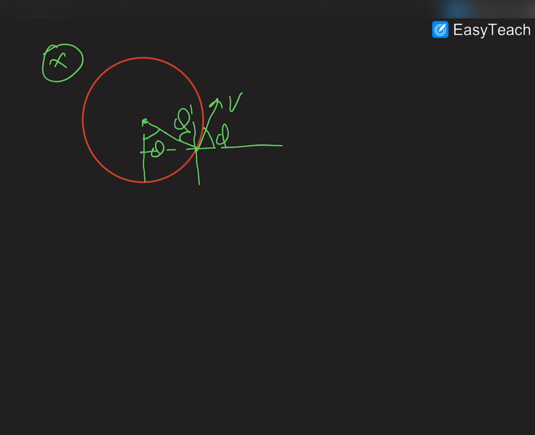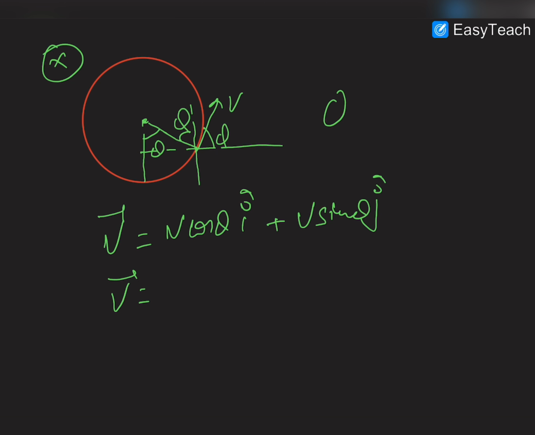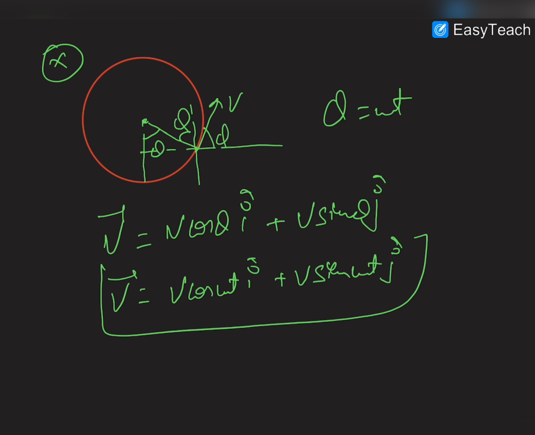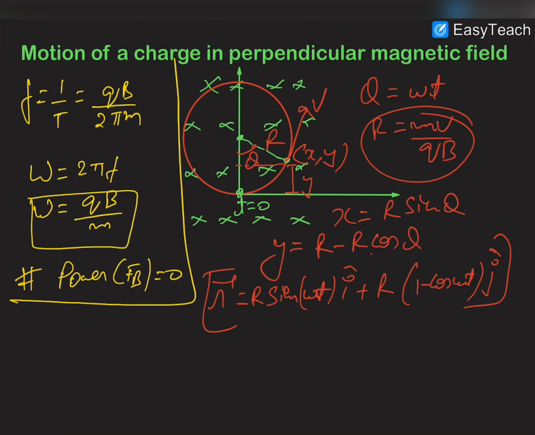Okay, so the velocity of the particle, speed is constant, we have already discussed, and speed v, velocity v would be v cos theta i cap plus v sin theta j cap. Now theta is equal to omega t, so this is v cos omega t i cap plus v sin omega t j cap. So if you will substitute the value of time, you would be getting the value of v.